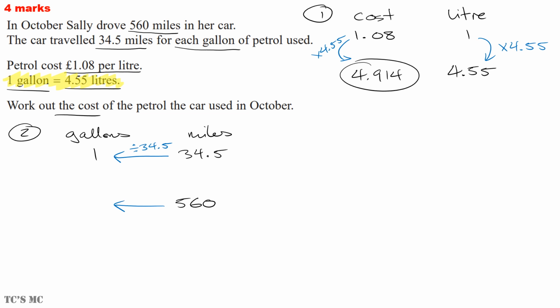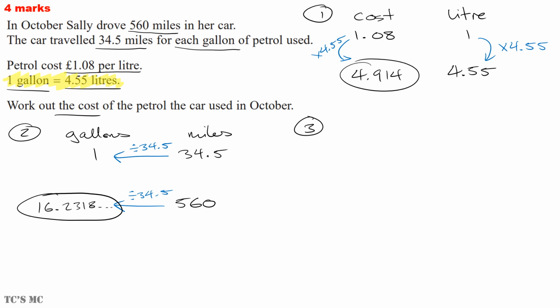Do the same over here. That gets us a very long decimal answer, 16.2318 and so on. Save that value on your calculator. We now have 2 marks.